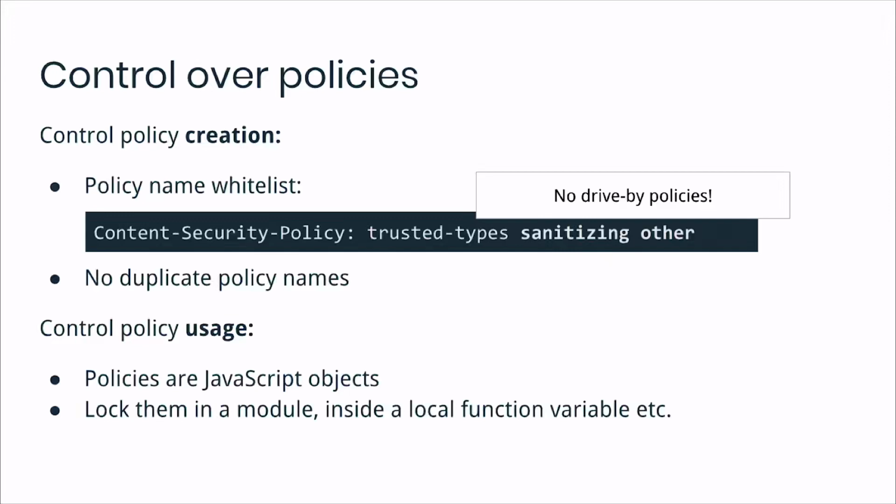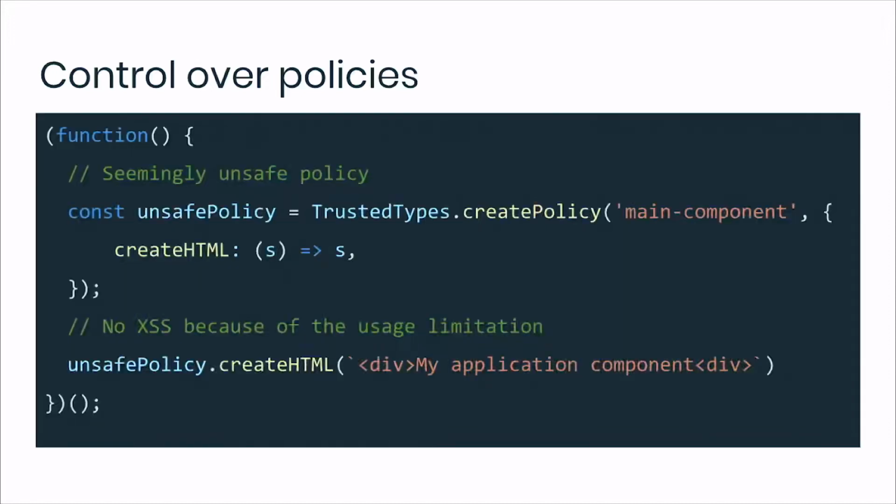But policies are JavaScript objects. Therefore, you can control access to them using the regular JavaScript programming language features. So you can lock them down in a single module, you can create a private class variable, you can wrap them into a local function variable. So you not only get control over which policies can be created, but what gets exposed, what gets access to separate policies.